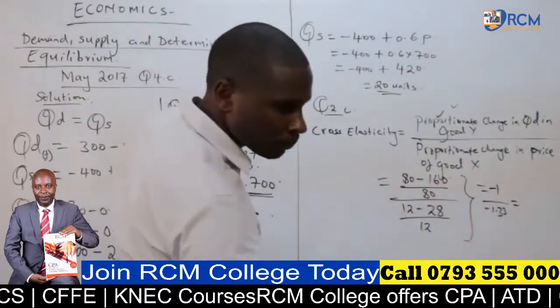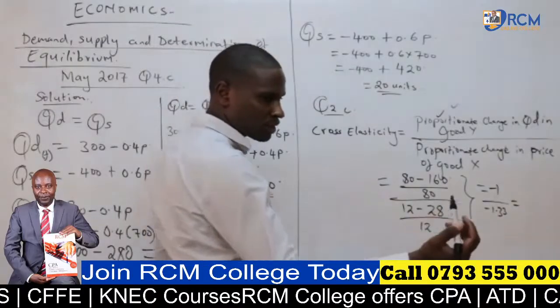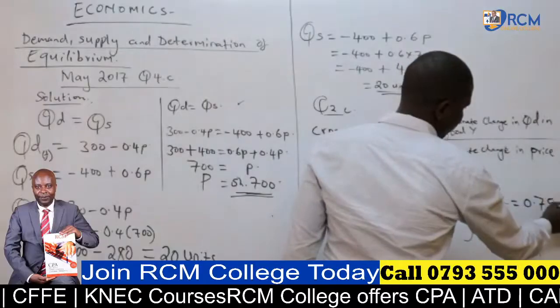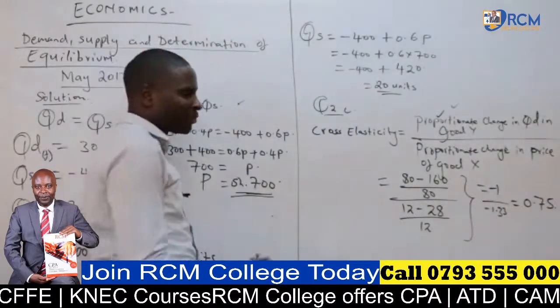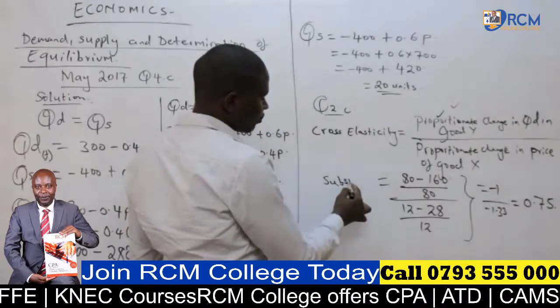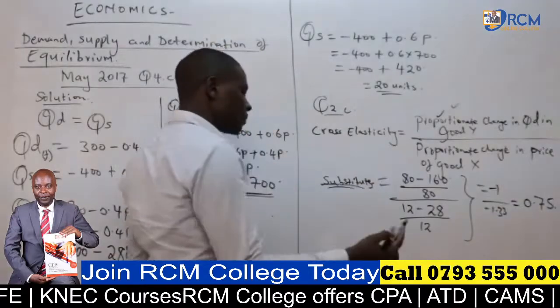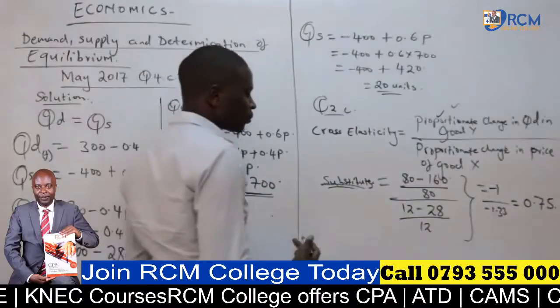What are you getting? Don't forget that it is 0.75. And then you compare. Is that greater or less than 1? You compare and then you tell whether the two commodities are substitutes or not. Substitutes, complementary, like that. You tell whether they are substitute or not.